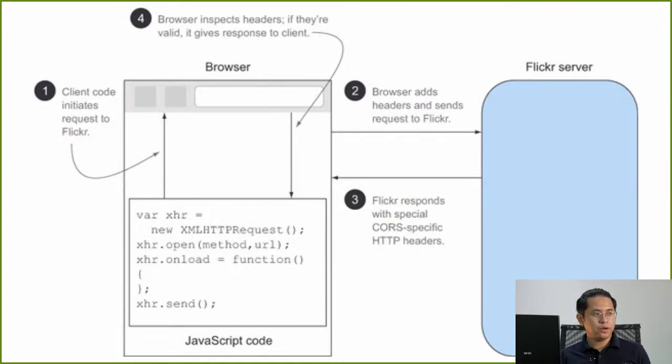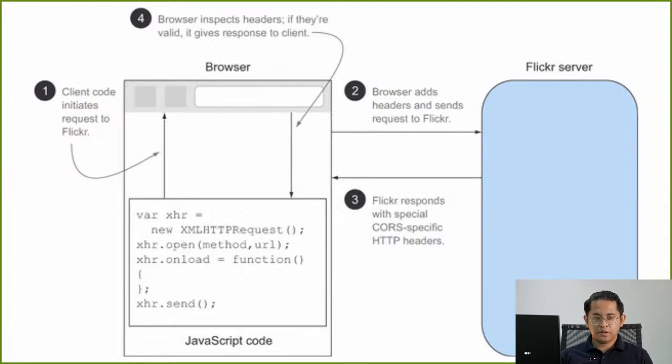And in number 4, the browser will automatically know what the server responded, and then the request will be blocked by the browser if it is not allowed.